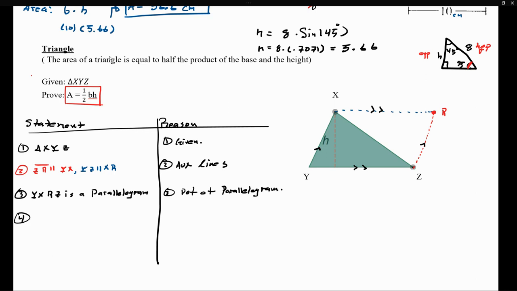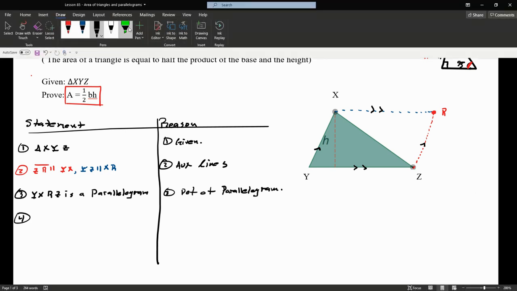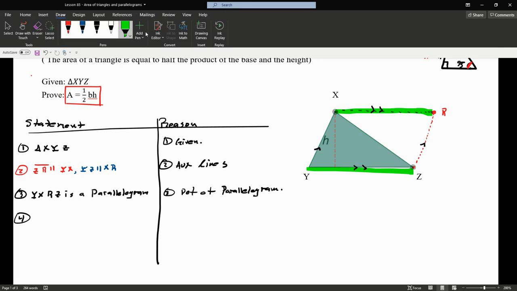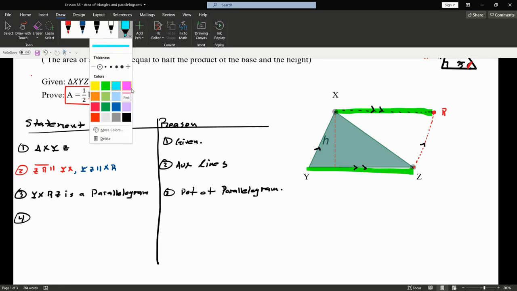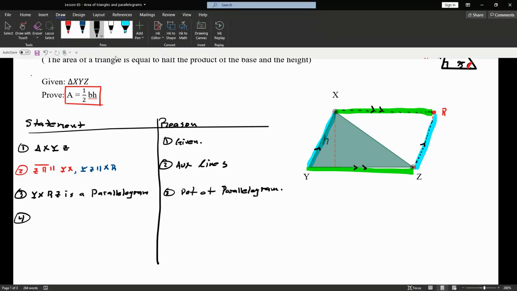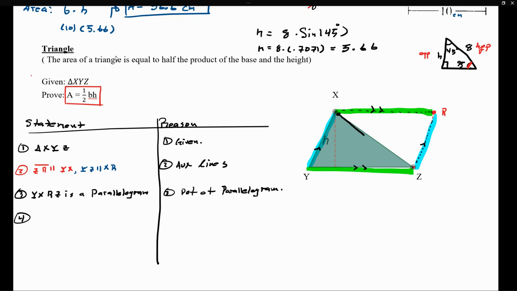But we know that we have also created two congruent triangles. Because notice that also one of the properties of a parallelogram is that YZ is going to be congruent to XR, and in addition, YX is going to be congruent to ZR, and notice that they have this reflected line. XZ is present on both triangles.